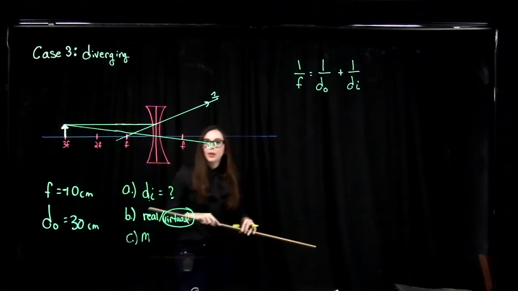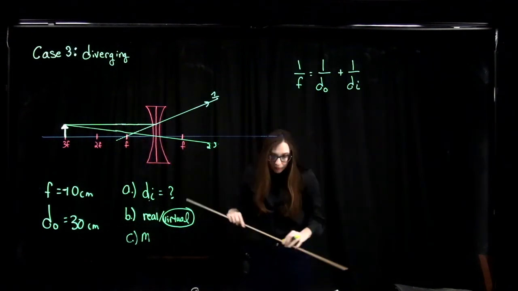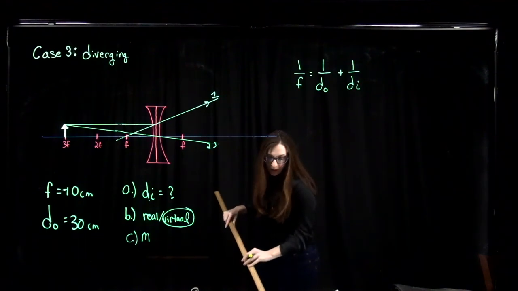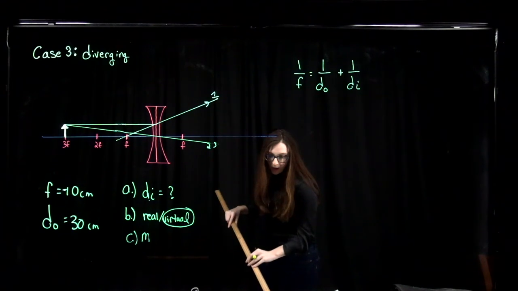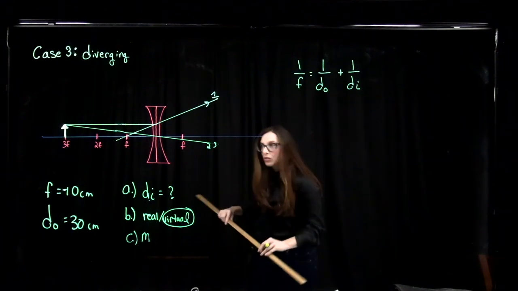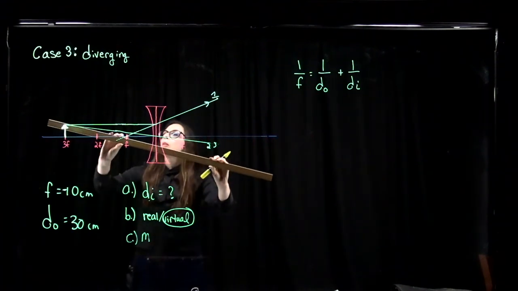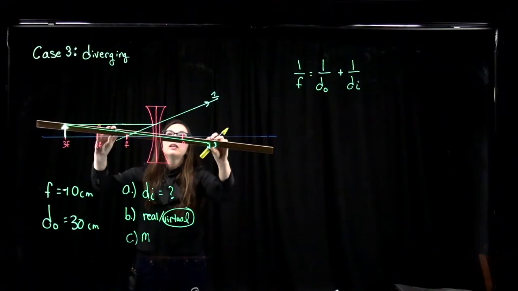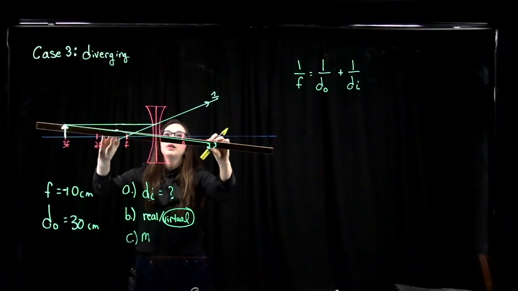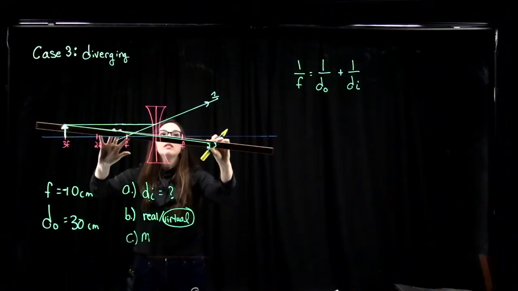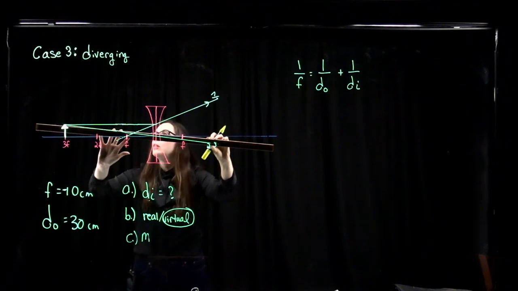And then my third ray for the diverging lens. A ray that enters a diverging lens by heading toward the focal point on the opposite side exits parallel to the axis. So we're going to head toward the focal point. Pass it through the focal point like this.